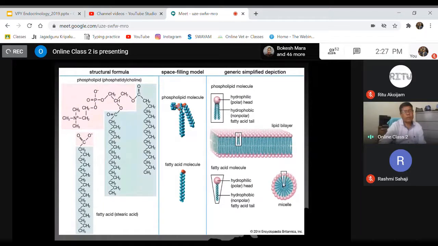Now in this phospholipid, you have the two acyl chains.